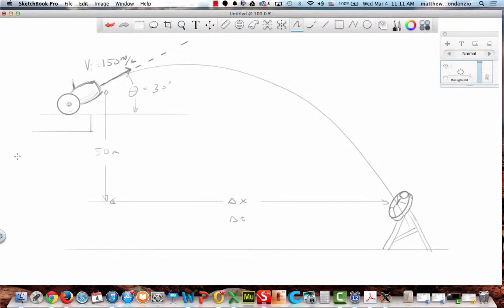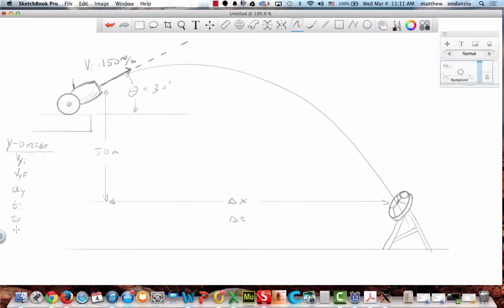You've got my initial velocity. Let's talk about the y direction. So my Vy initial, Vy final, my acceleration in the y, my time initial, time final.